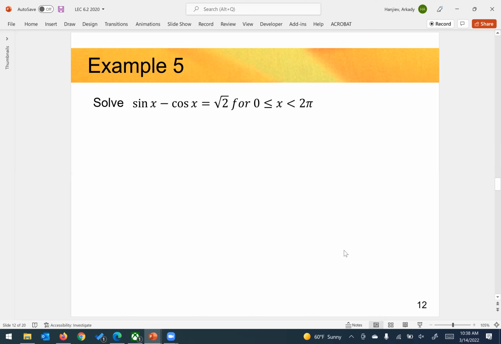Let's see, the only connection I know between sine and cosine. I'm not going to go the tangent direction here. We have the Pythagorean theorem to deal with, right?